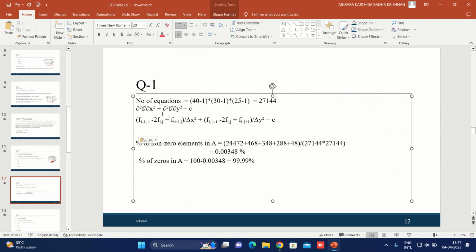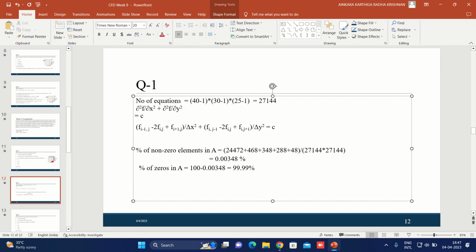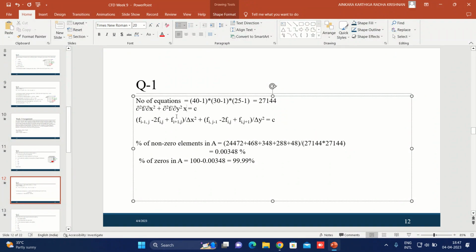This is the case for the Poisson equation, but here we are using the Laplace equation, in the three-dimensional domain.